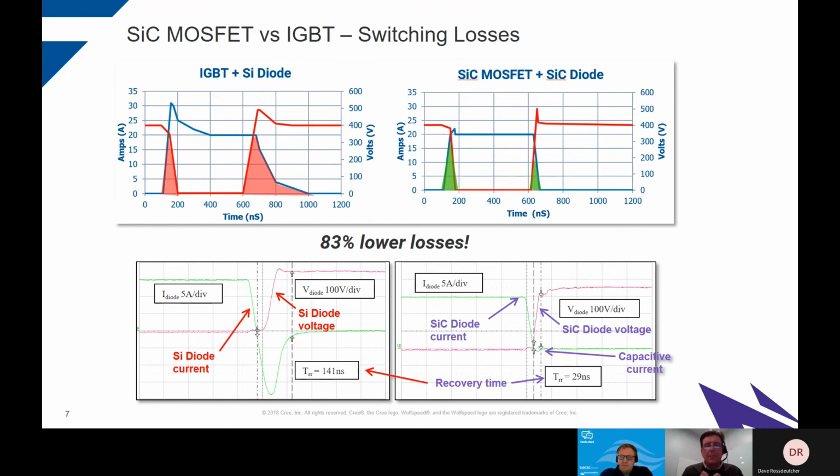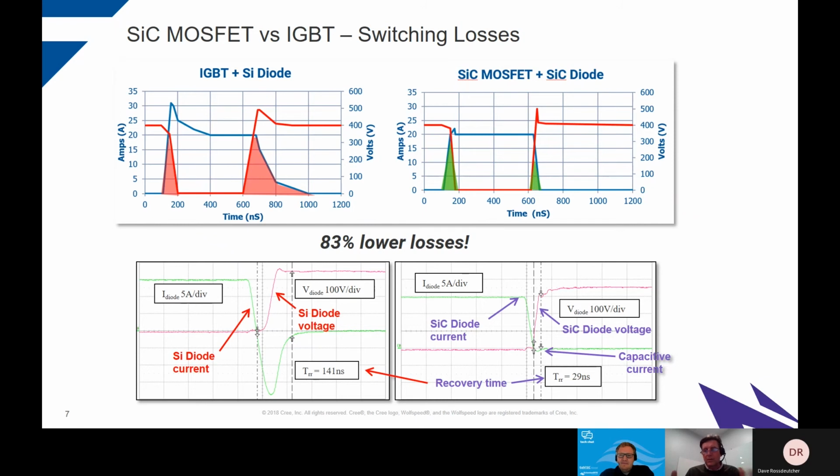I don't like it when people say no reverse recovery because it's impossible. But, we have 10,000 times less reverse recovery than what you would see in silicon. So combine these type of activities together and you can switch a lot faster for a lot less loss.